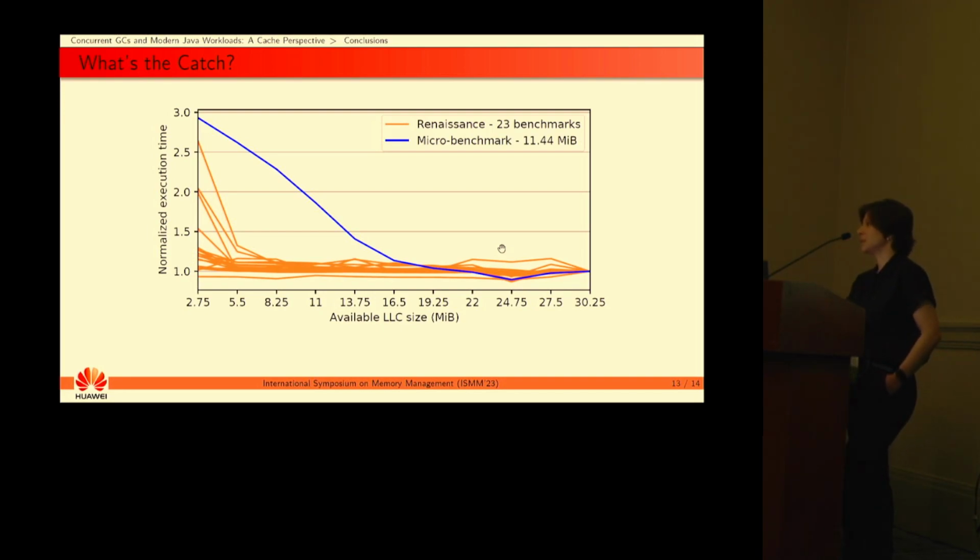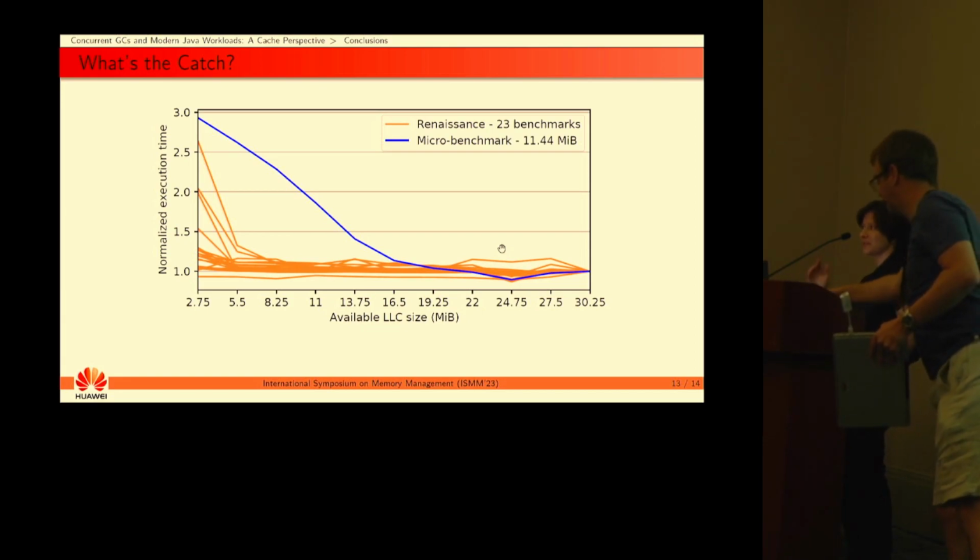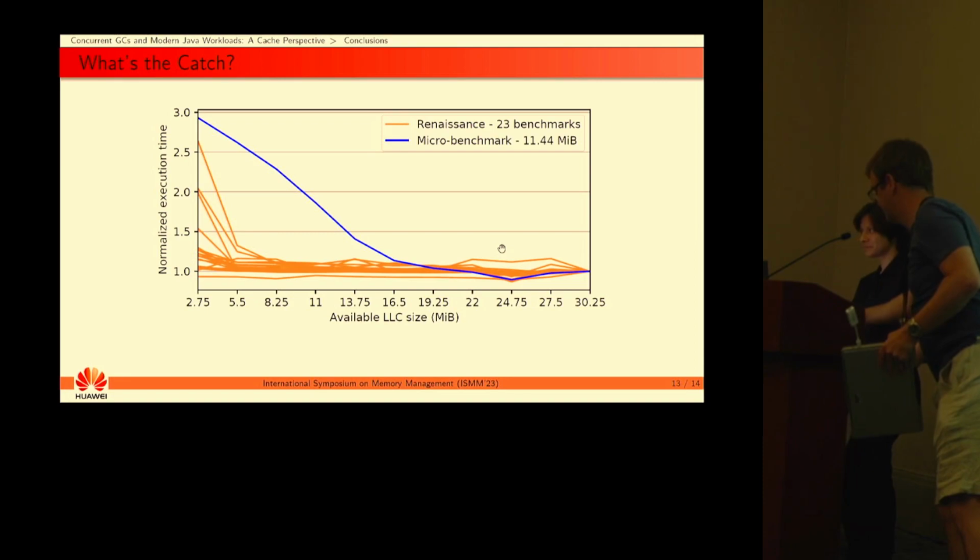So eventually there is a performance drop there, yes. But I don't think that's the whole working set of the benchmark. It's something like a tiny piece that eventually doesn't fit anymore. Okay, thank you.